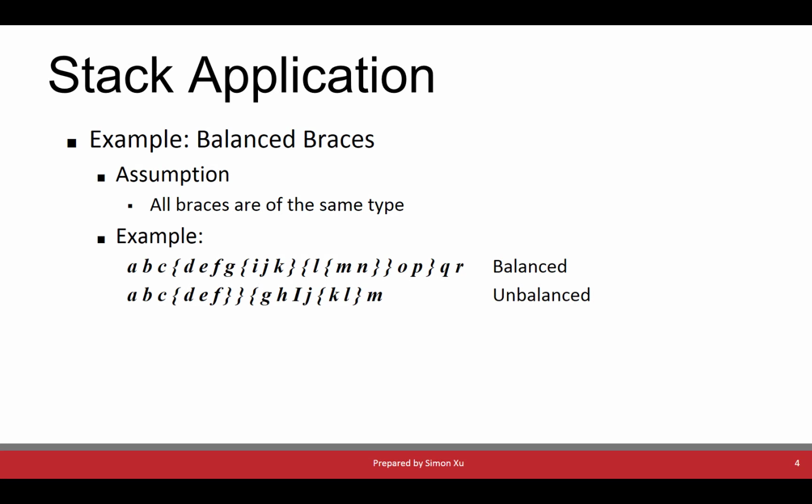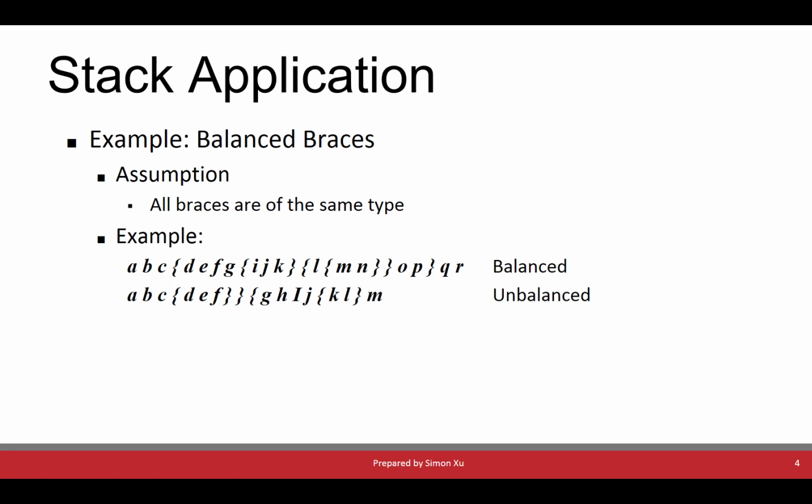The second example we are going to learn is to use a stack to check whether brackets are balanced or not. We assume all brackets are of the same type: parentheses, or square brackets, or curly brackets. Do you have any idea how to evaluate this?